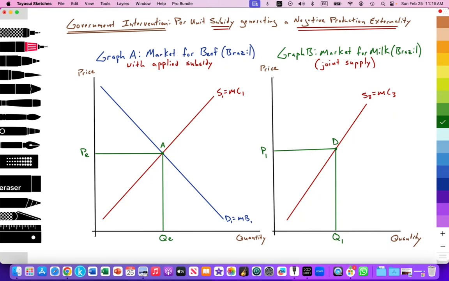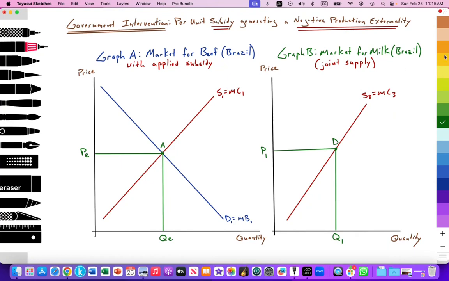All right, so as we saw in that article, Brazil is subsidizing cattle production, leading to an increase perhaps in the market for beef. Farmers in Brazil are always operating along their S1 curve.